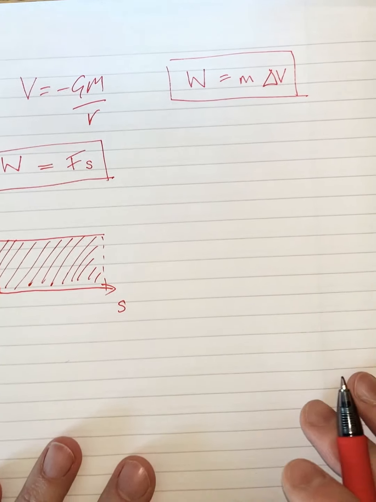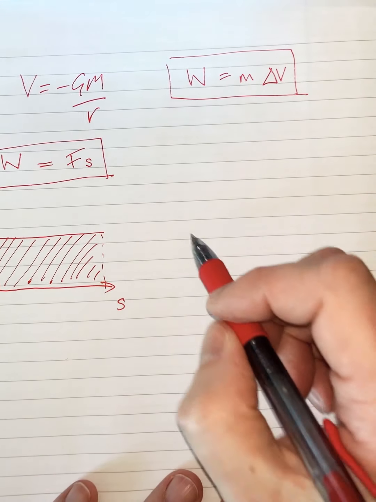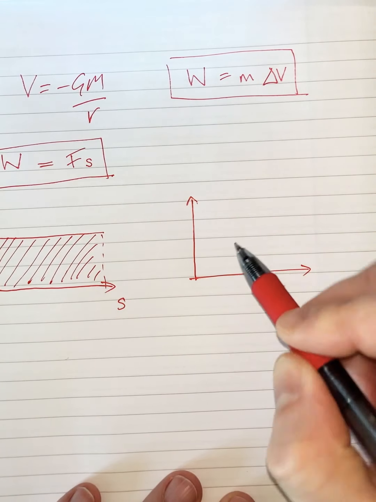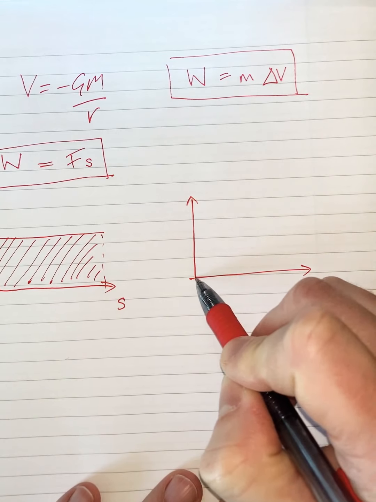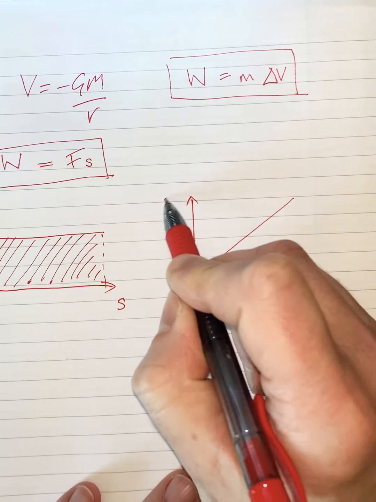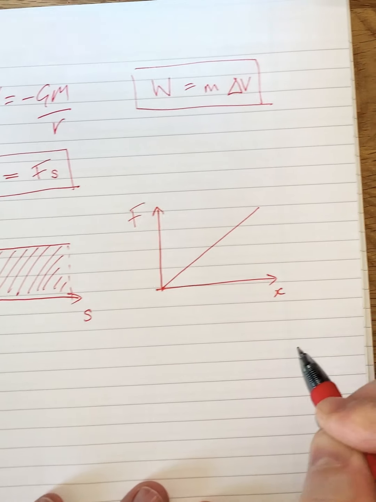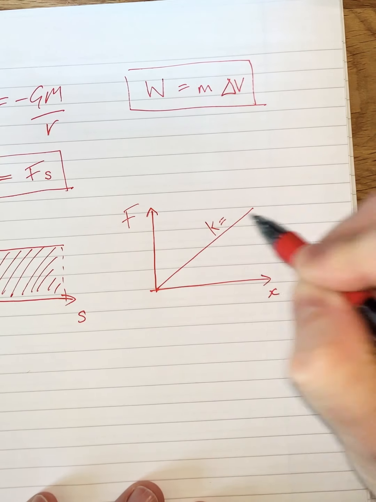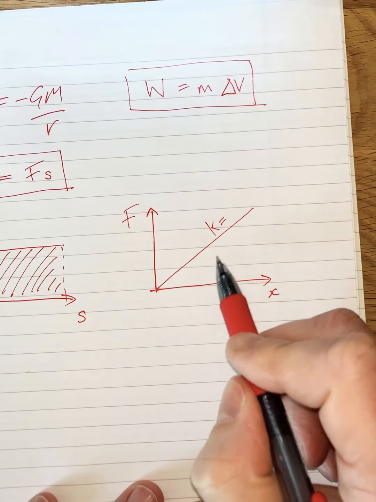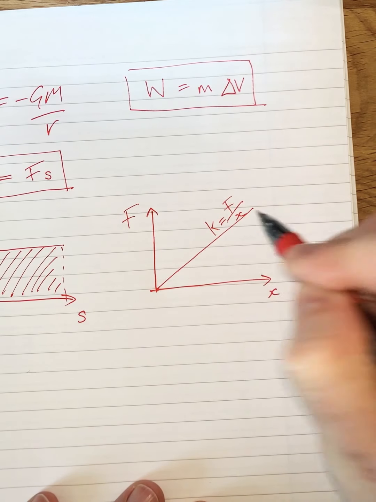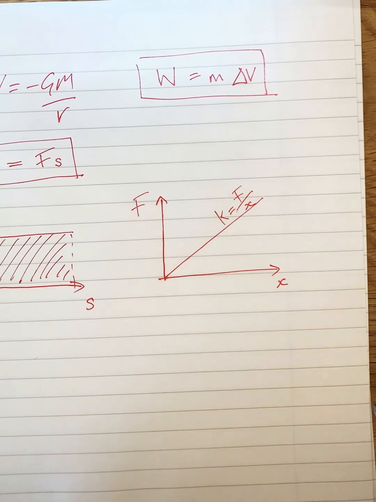Let's think about one that's not constant, but a simple relationship, like for instance stretching a spring, Hooke's law. The force is proportional to the extension, and if you're not aware, the actual gradient of the line, the stiffness of the spring k, is the force per unit of extension.